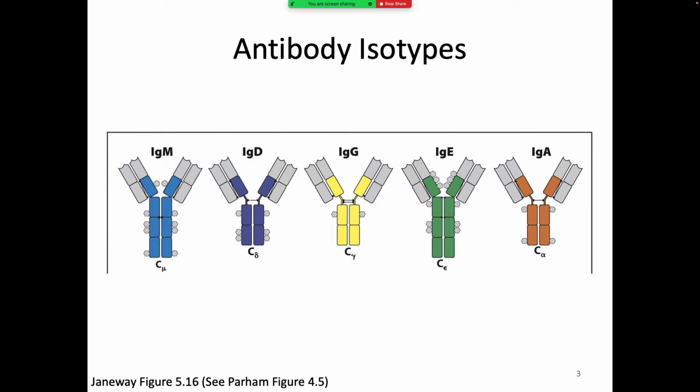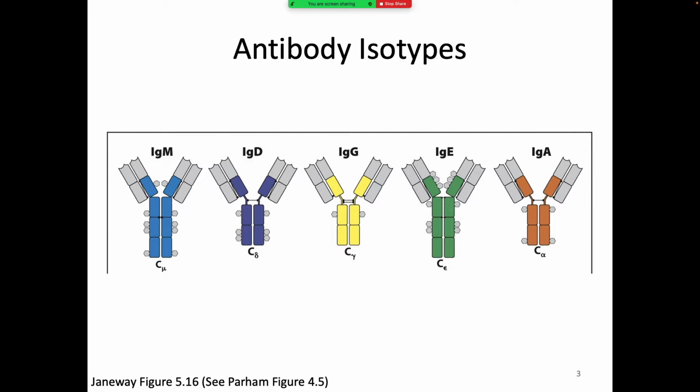Some of them do have some subtypes that I'm not going to really deal with a ton today, although they will show up on a couple of the slides. I really like to think about these as these 5 major isotypes. So these are 5 different types of heavy chain constant regions that we can have.